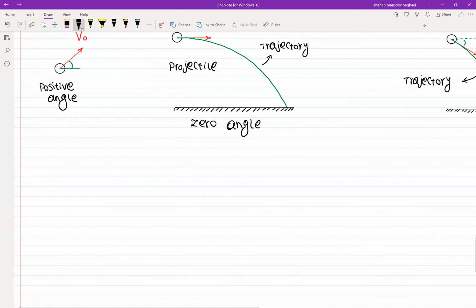Look at this figure, and that's a very famous experiment. Imagine there is an object here. This is the first object. And there is a second object on the right side, like this.